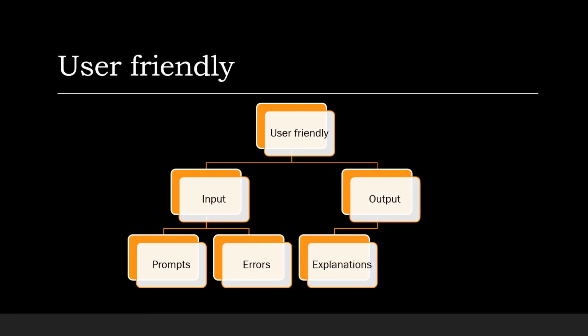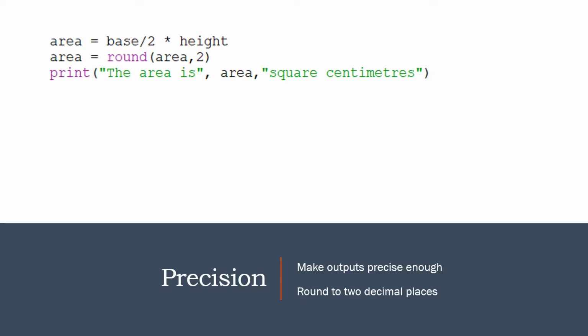Well, we can add explanations so that the user knows what it is that we're showing them. And we can also choose whatever level of precision is appropriate for the user's needs. So I've already looked at prompts and explanations. Let's have a quick look at errors and precision.